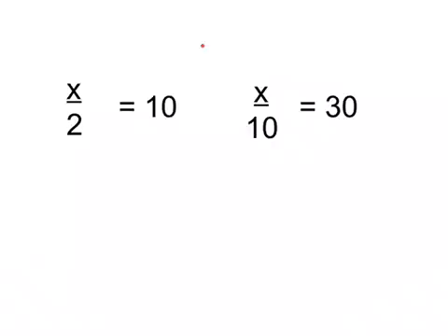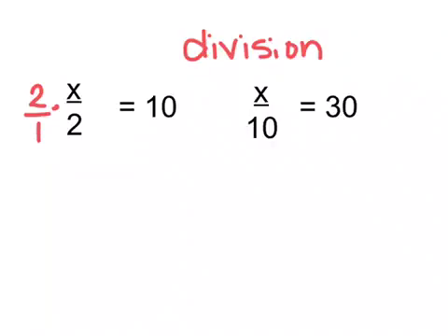Now, this time we're going to be looking at problems with division. So in this first example here, I have x divided by 2 equals 10. So since I am dividing by 2, I need to multiply by 2, or 2 over 1.